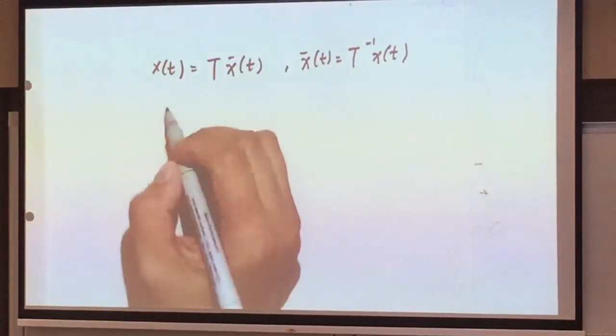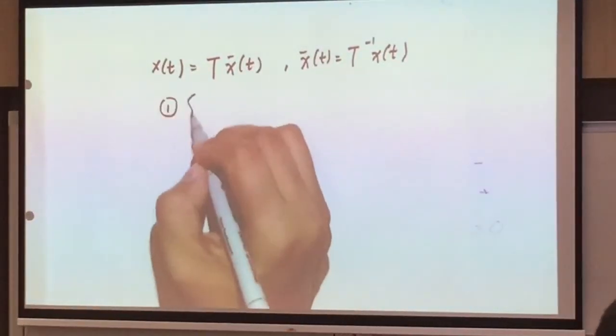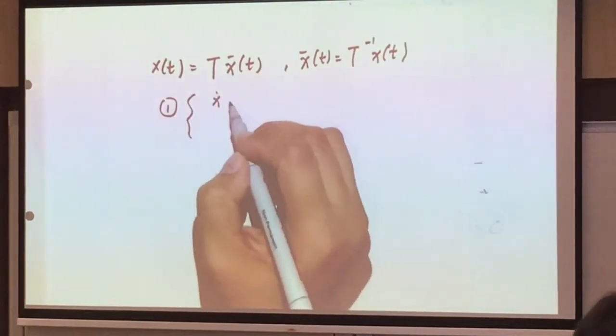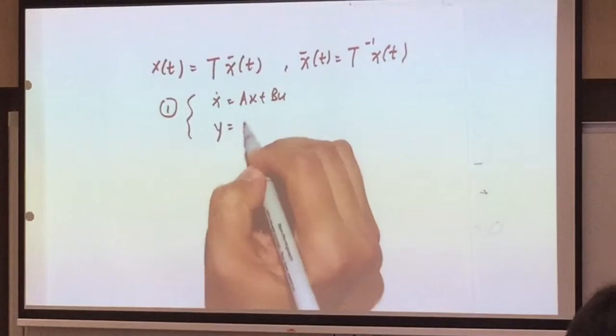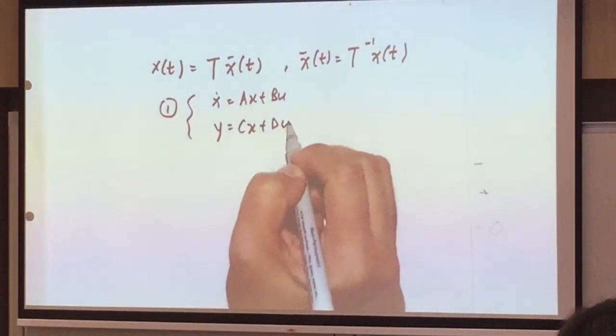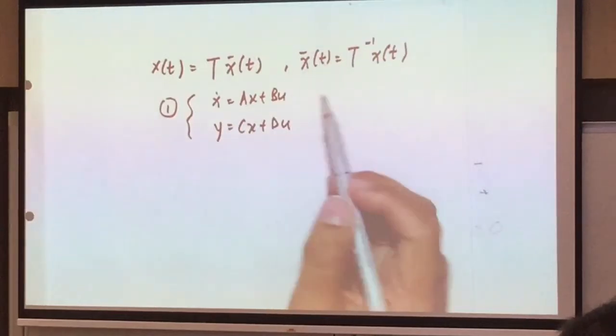Originally when you have the states as x(t), the system was x dot equals Ax plus Bu, and y equals Cx plus Du. Now you're trying to use another set of states, x bar.